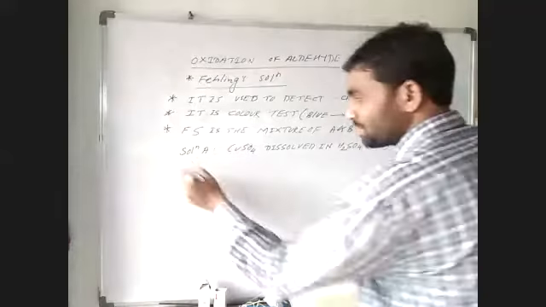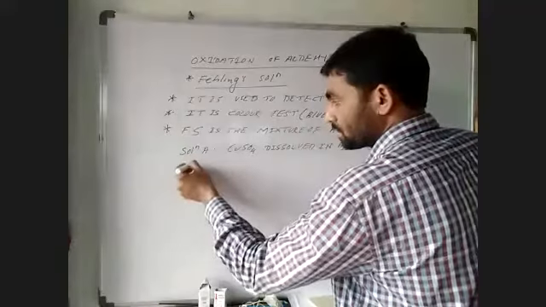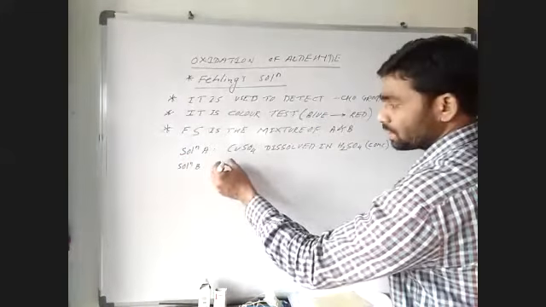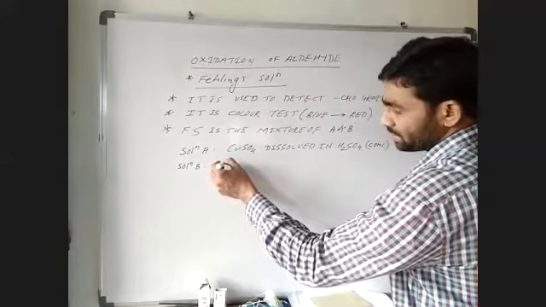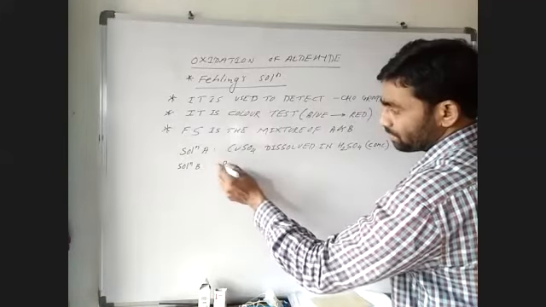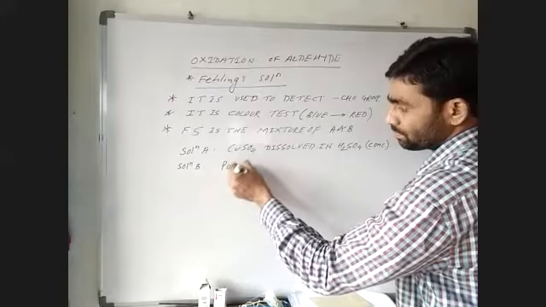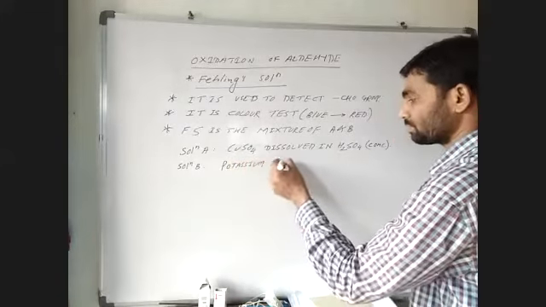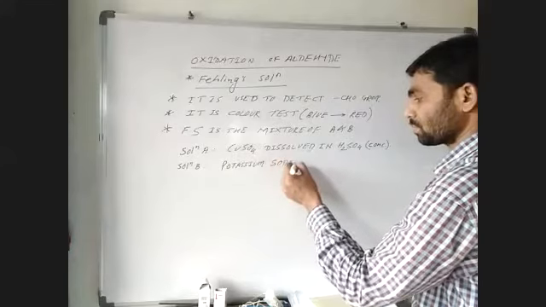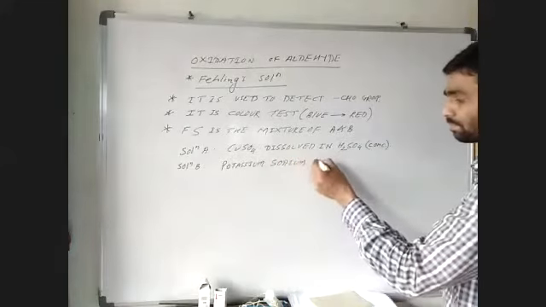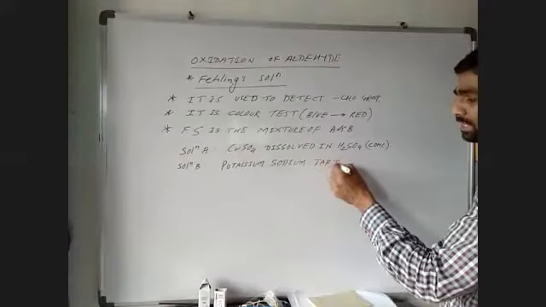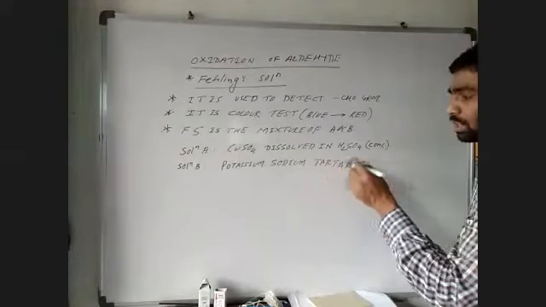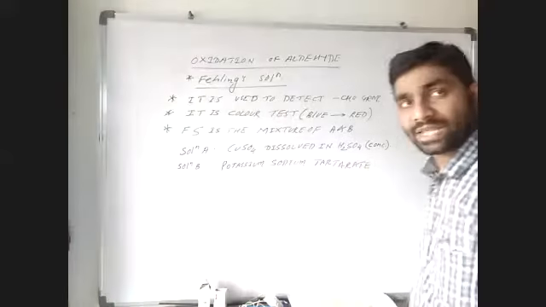Now solution B. What is solution B? Solution B is potassium sodium tartrate, the salt of tartaric acid.